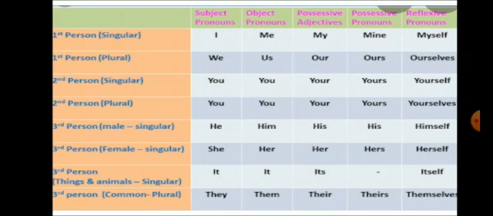It depends upon the usage of the word in a particular sentence. Now if I talk about third person female, then for subject it is she, for object it is her, possessive pronoun is hers, and possessive adjective is her.